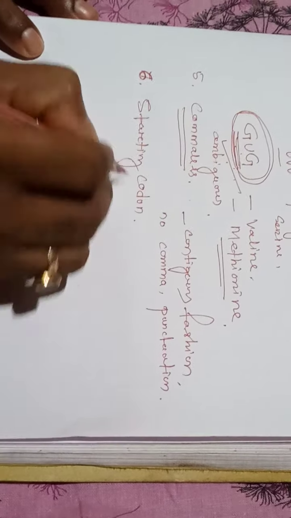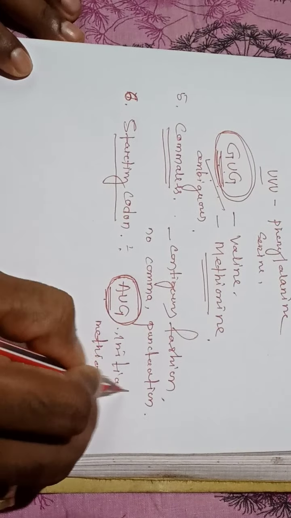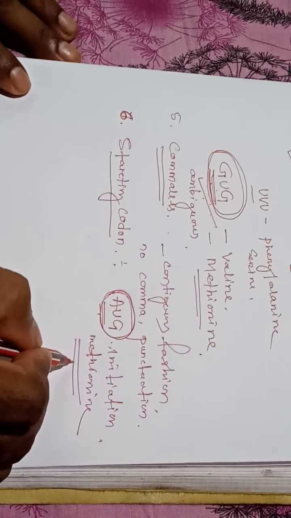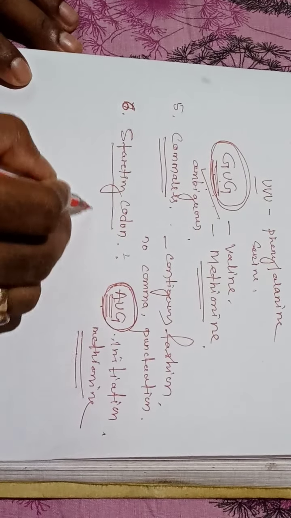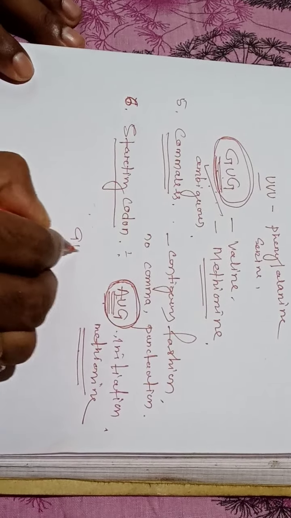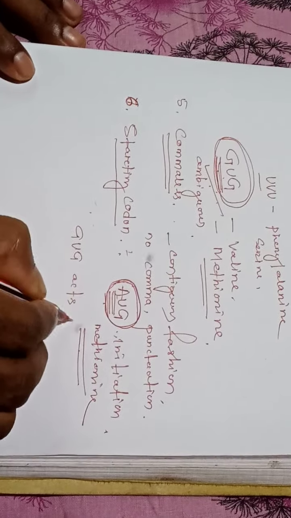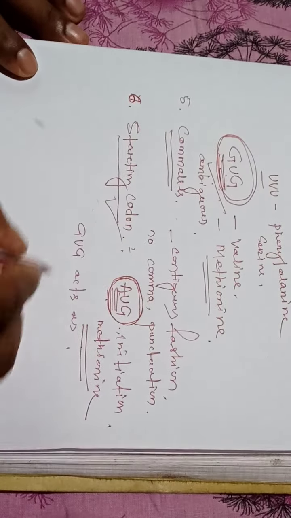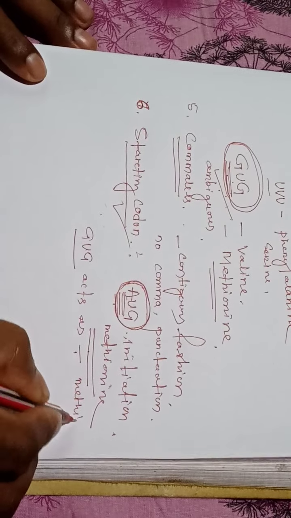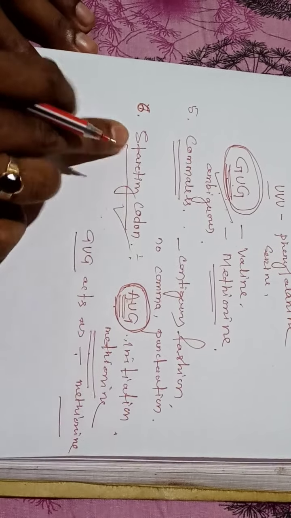It has a dual function: it acts as the initiation codon and also codes for the amino acid methionine. In case AUG is absent at the initiating position, then GUG acts as the starting codon, and GUG also codes for methionine at the starting position.